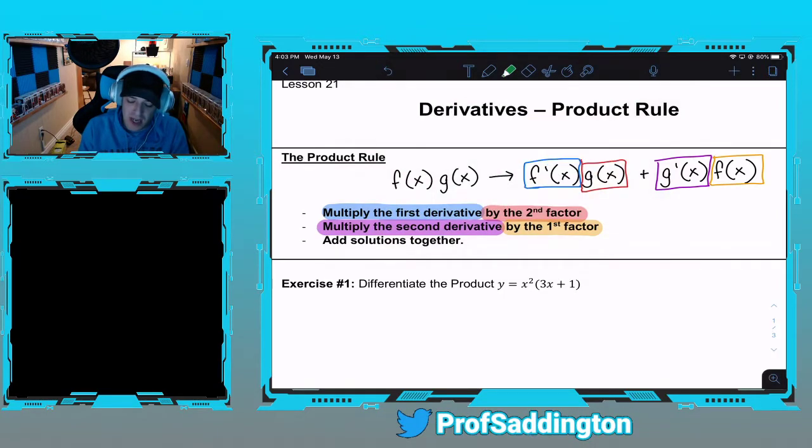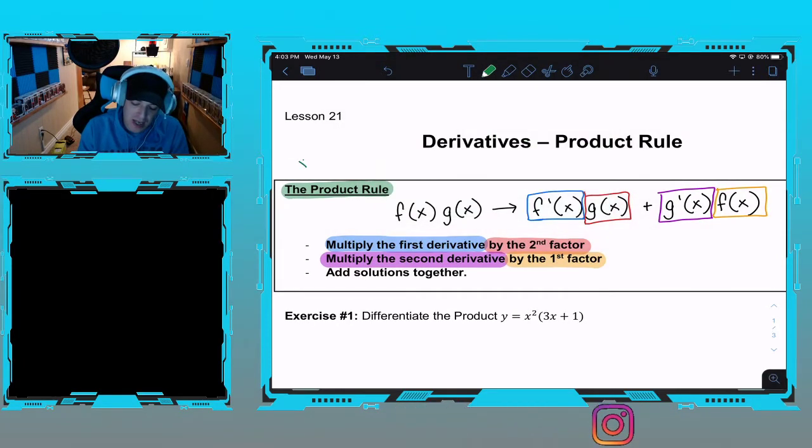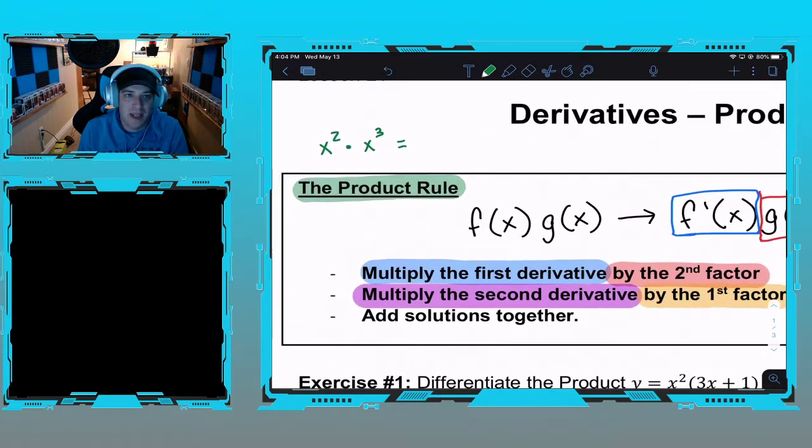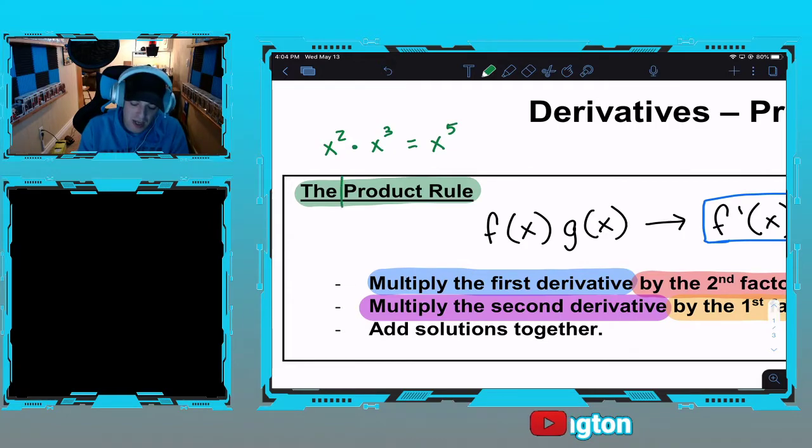Anytime that you guys have the product of something, we always would add within that rule. Think of exponents. If we had something like x squared times x to the third, if I were to ask you guys to multiply that, that is a product. You guys were always taught to take the exponents and just add them together. So product and that add are always kind of tied together.